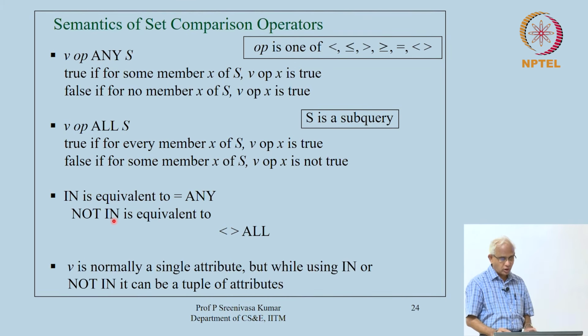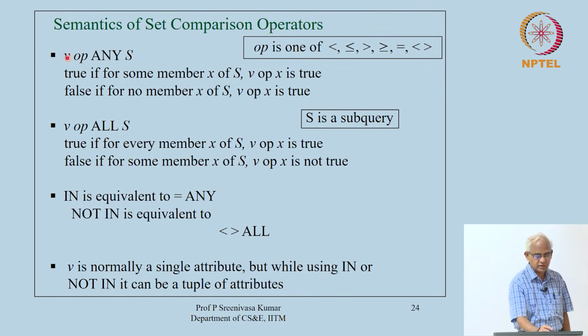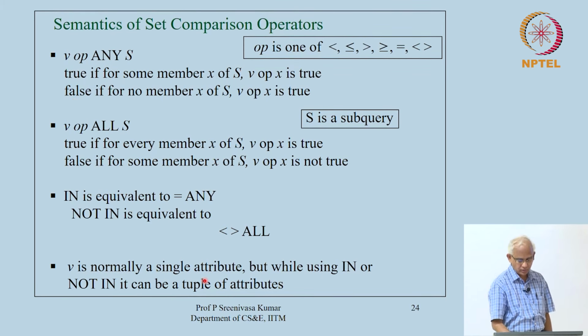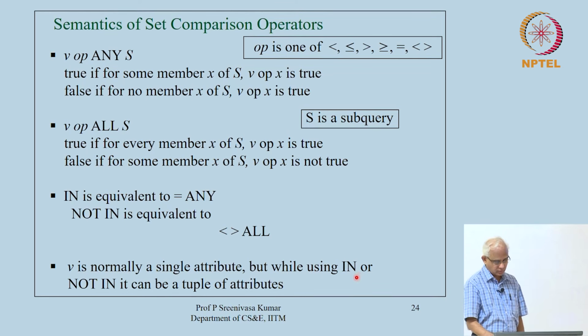Okay. So, normally in most cases V is a single attribute, but while using in or not in, it can in fact be a tuple of attributes also. Obviously, if it is a tuple, then tuple equivalence can be checked, whether the tuple is equal to the other tuple or not.